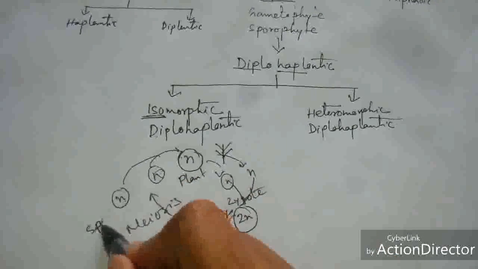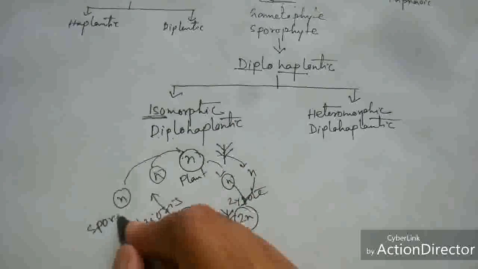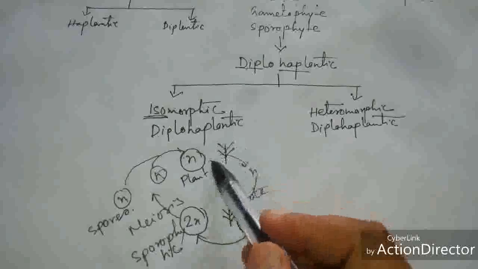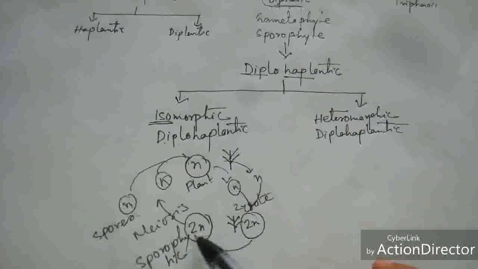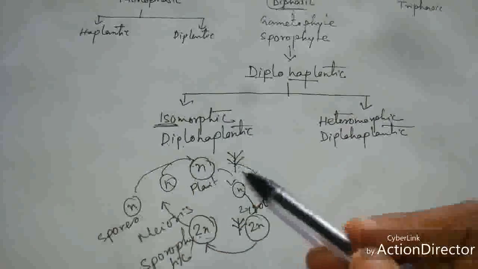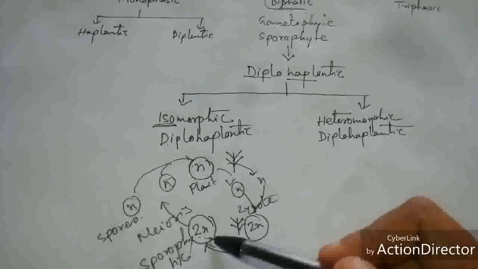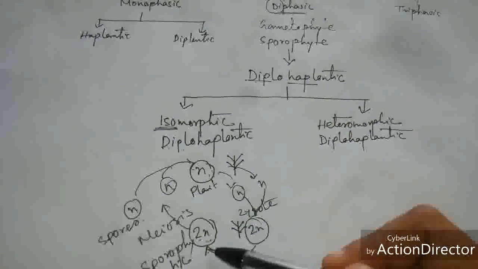So this is the life cycle of isomorphic diplohaplontic. Here both diploid and haploid stages are found, and it is isomorphic because the haploid and diploid plants are morphologically similar.